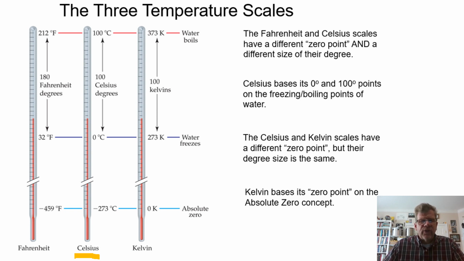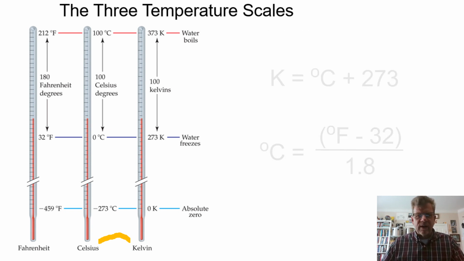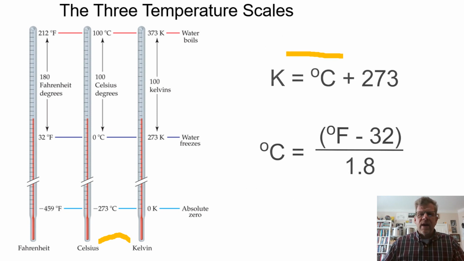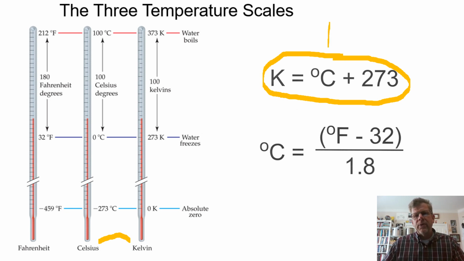Now we see these differences between the three temperature scales. There are quite simple permutations and calculations we can use to convert one into the other. Now, going from the Celsius to Kelvin scale and vice versa, since it has the same size of the degree, it is a linear difference. If we wanted to convert, say, from Celsius to kelvins, we would take whatever the temperature is in Celsius and add 273, and that would be the conversion between kelvins and Celsius.